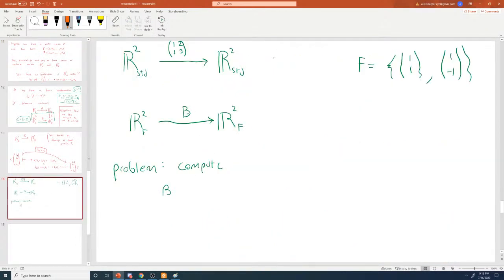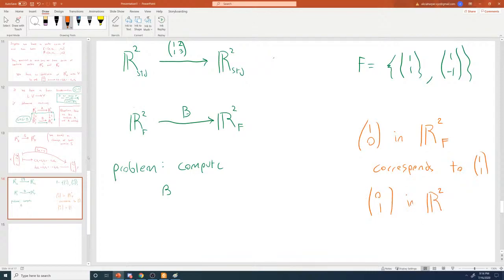Here's how. (1, 0) in R2_F corresponds to (1, 1), and (0, 1) in R2_F corresponds to (1, -1).